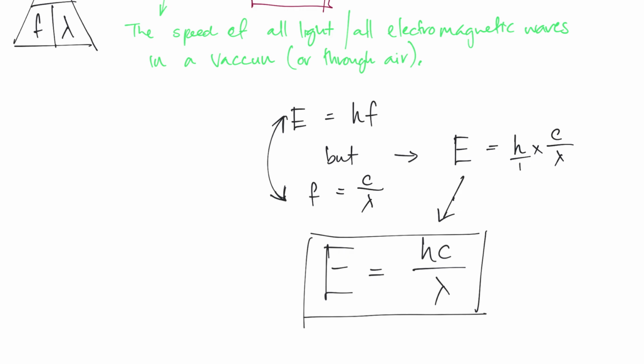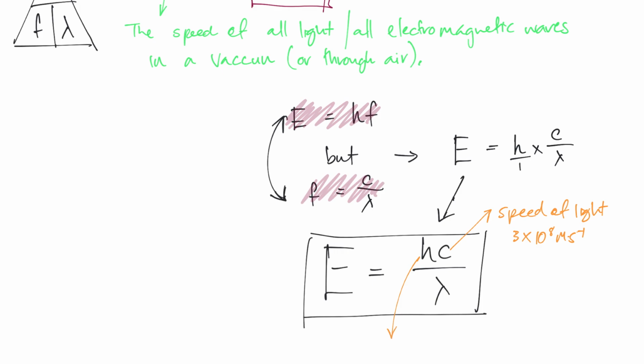So I have multiple formulas. Please make sure that all of these formulas are highlighted in your books. So all I've got here now in this formula is that c is the speed of light, which is a constant at 3 times 10 to the power of 8 meters per second.